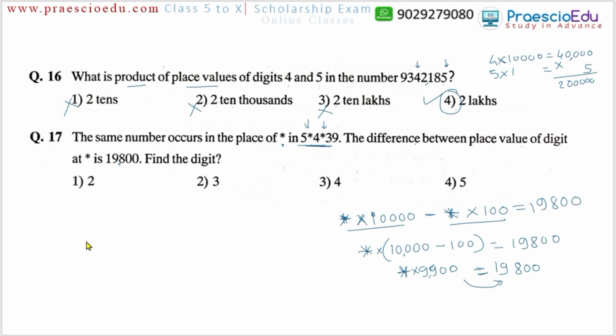So the star, the unknown digit, is equal to 19,800 divided by 9,900.